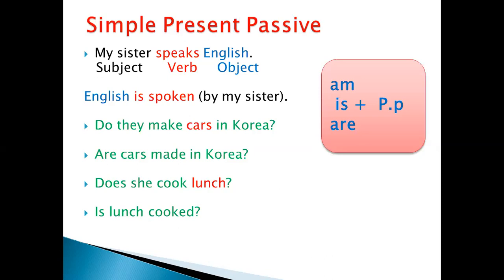So it takes the singular form of the verb. Is or are? Of course, is. So, is lunch cooked? Is lunch cooked? The past participle of cook is cooked. So don't forget: am, is, are plus past participle. This is the form that you should know, the passive form of the present simple.